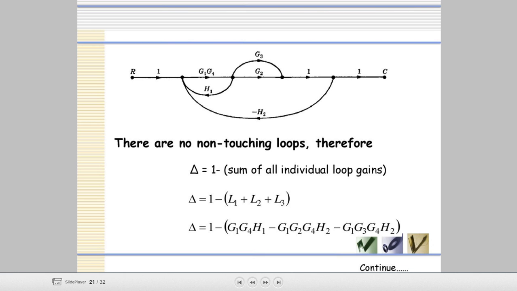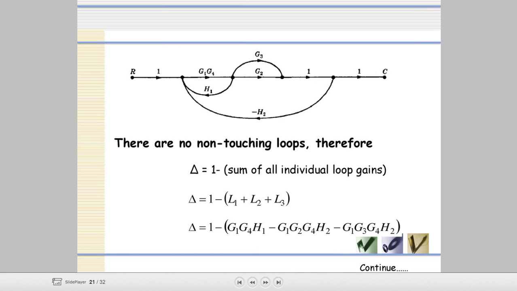There are no two non-touching loops. If I suppose this loop 1, this loop 2 and this loop 3, everyone is touching each other. This node is common, so we can't take them. Everyone is touching by a node, so there are no non-touching loops.